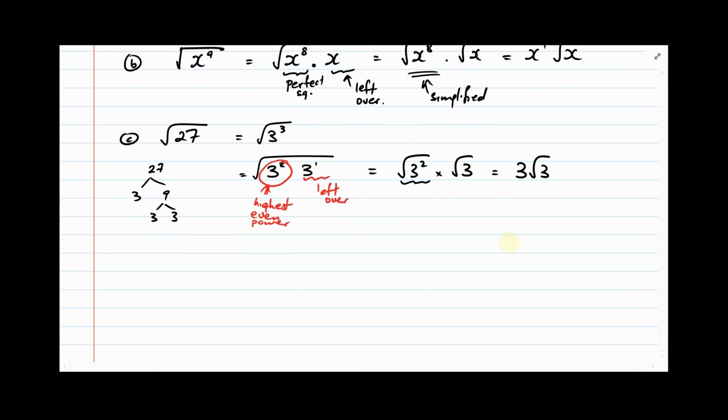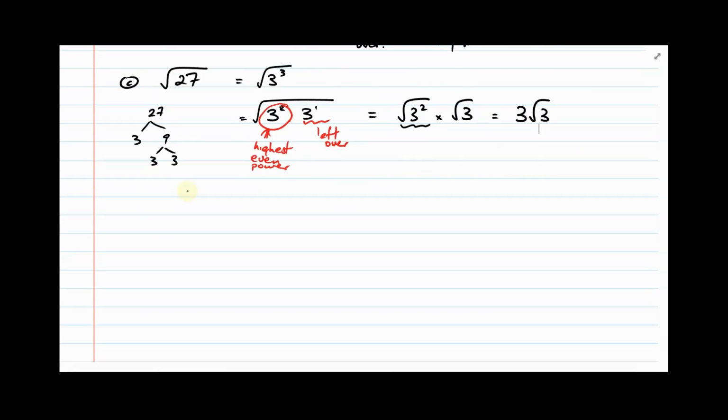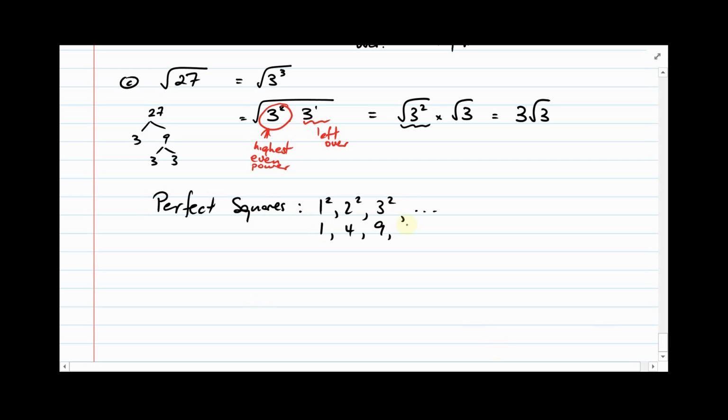Let's look a little bit. Could I do that simpler? Sure. Let's talk about this. Let's look at the perfect squares, which are 1 squared, 2 squared, 3 squared. But in particular, I want you to know them. So 1, 4, 9, 16, 25, 36, etc. So these are our perfect squares.